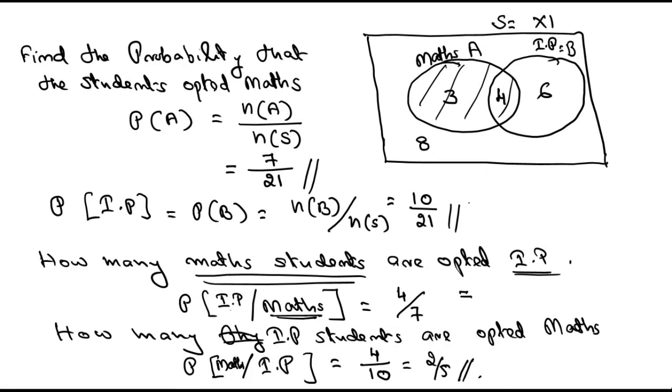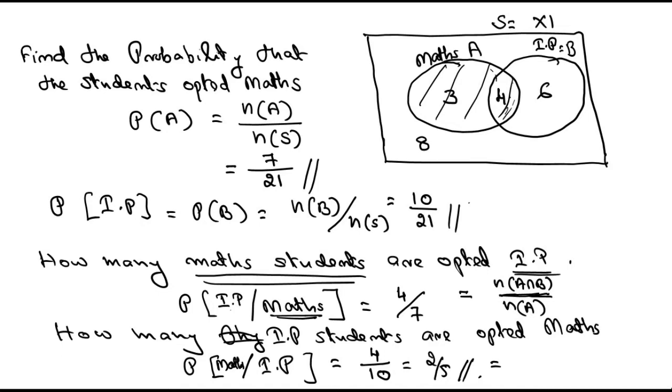That means in maths students, this is your maths students, that is your A. So we are taking N of A as the given sample space, and these 4 students are taken from maths. This region is A intersection B. So N of A intersection B divided by N of A.